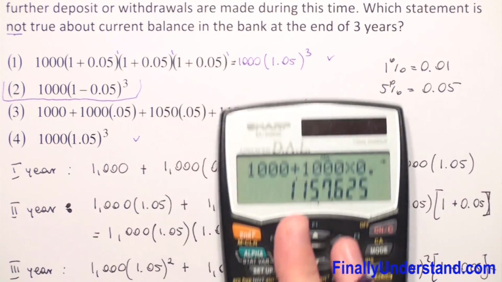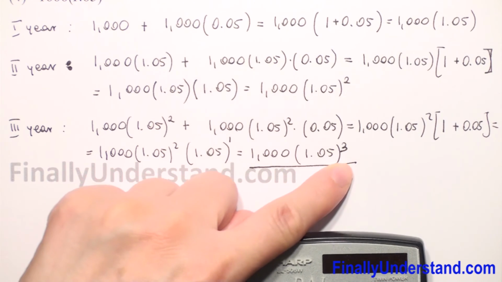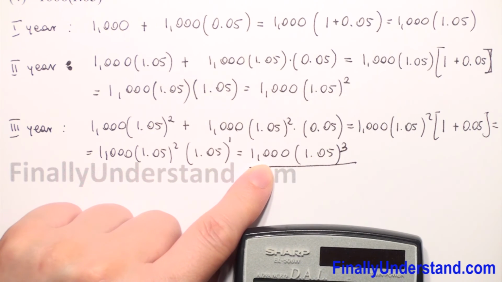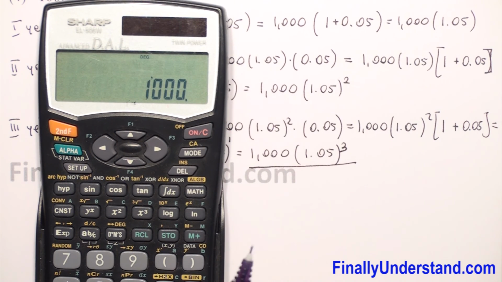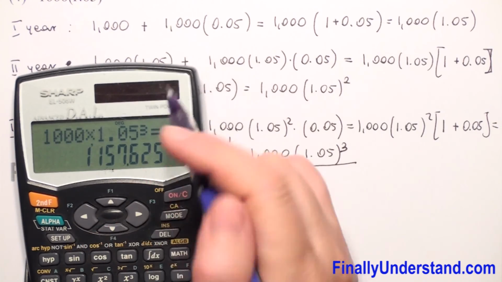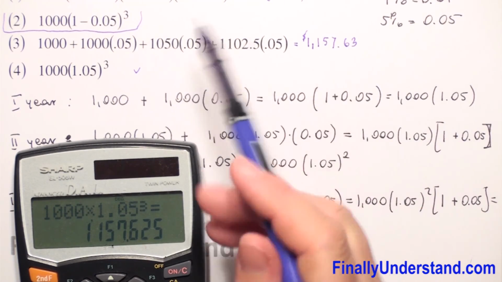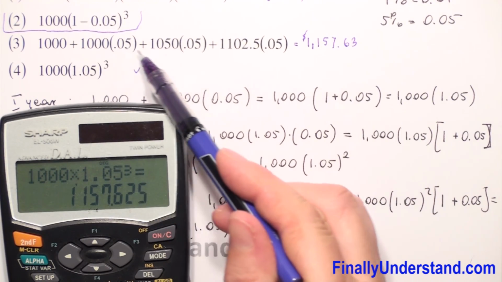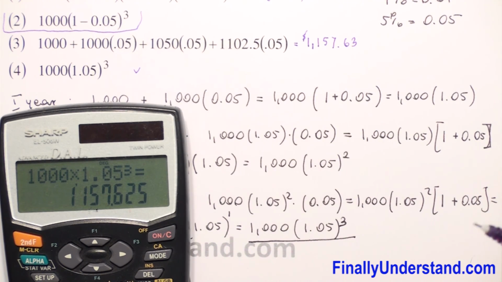And let's see what we get when we raise this expression to the third power and multiply by 1,000. So it will be 1,000 times 1.05 to the third power. I see exactly the same as what we got when we added these four values.